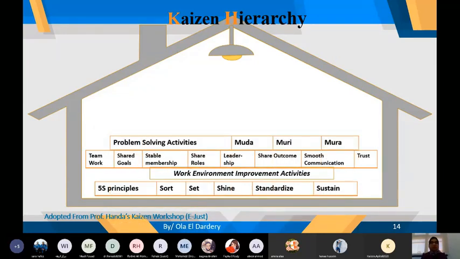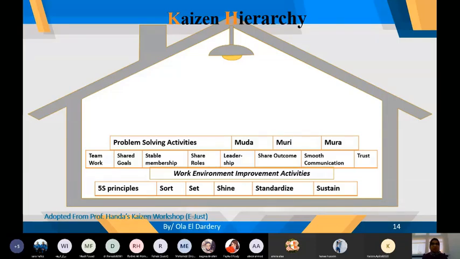After that, or building on that, we have the problem-solving activities. And we can see here three Japanese words: Muda, Mura, and Muri. Muda is the waste, and we're going to see the explanation for each one later on. One is about excessive processing, one is about making an excessive effort, and so on. To solve any problem, as we said, we have to focus on waste elimination, or getting rid of the source of the problems.